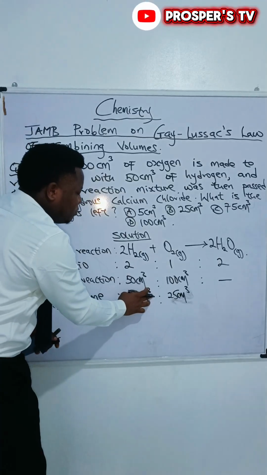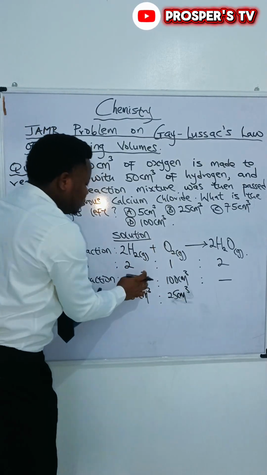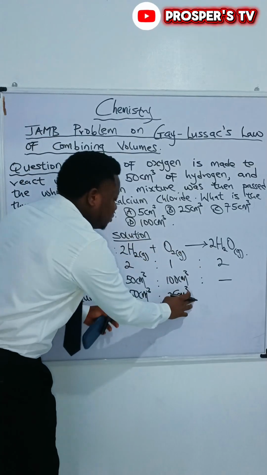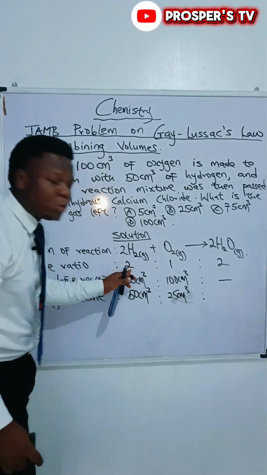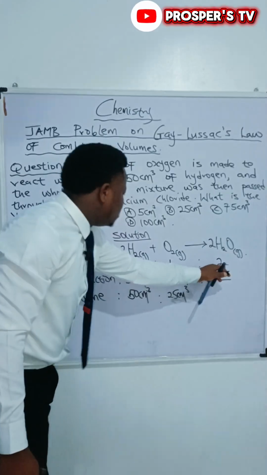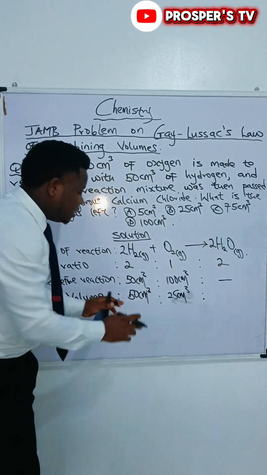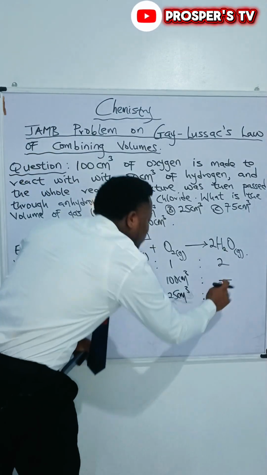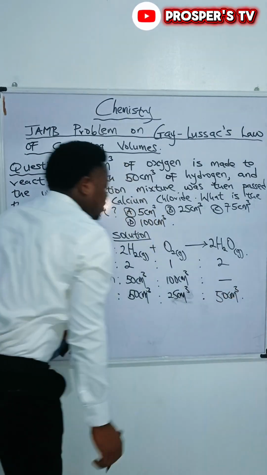So 50 cm³ of hydrogen combines with 25 cm³ of oxygen. Now, take note that this is 2 and this is 2, so the volume ratio of hydrogen to steam is 2 to 2. It means if I have 50 cm³ here, you also have 50 cm³ of steam.